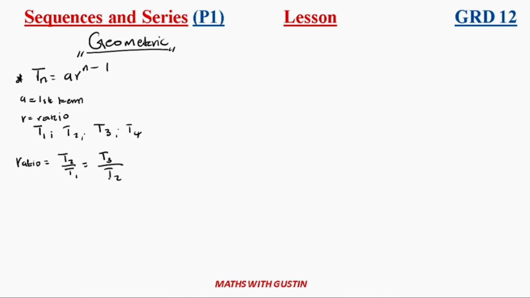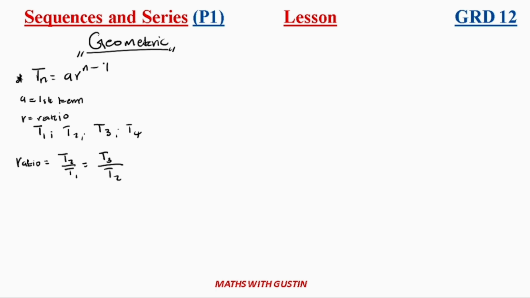This is how you would find the ratio if you are given a geometric sequence. If you can't find a ratio, you will have to check whether the sequence is quadratic or arithmetic, unless otherwise they told you in the question.